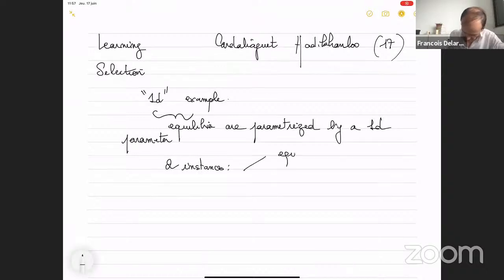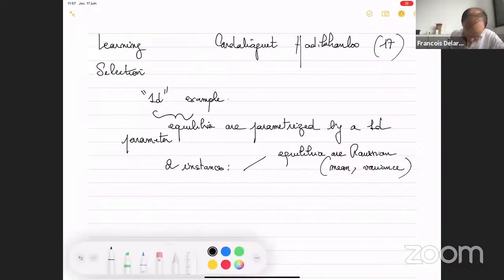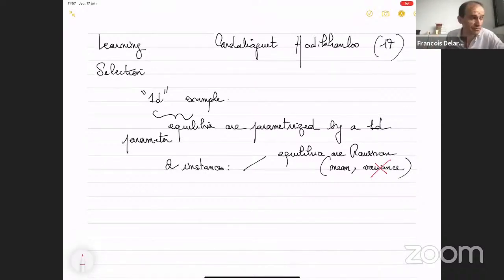For instance, there are examples in connection with linear quadratic stochastic control in which equilibria are known to be Gaussian. And so when the equilibria are Gaussian, they are parameterized by the mean and the variance. But in some models, the variance is fixed, because at the end of the day, the variance is given for free as an input of the model, and there is nothing to adjust when you look for the equilibrium.